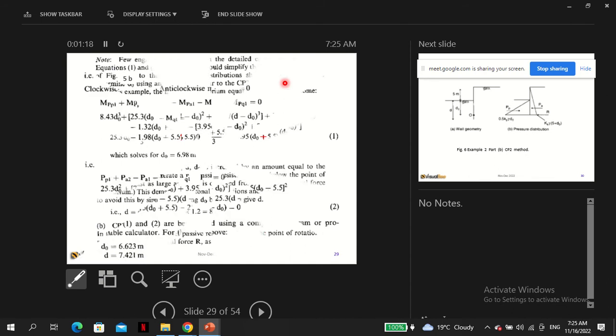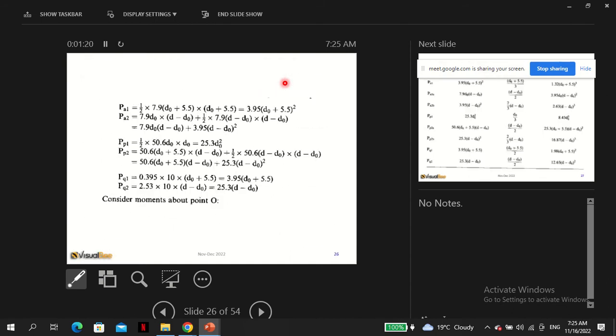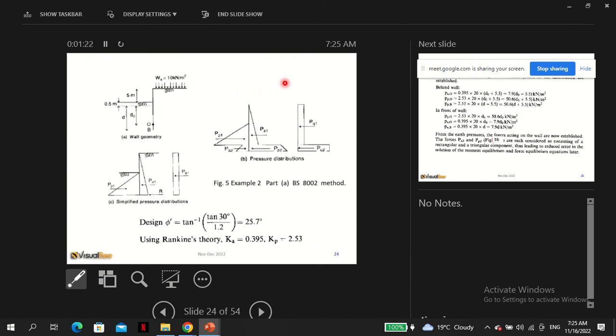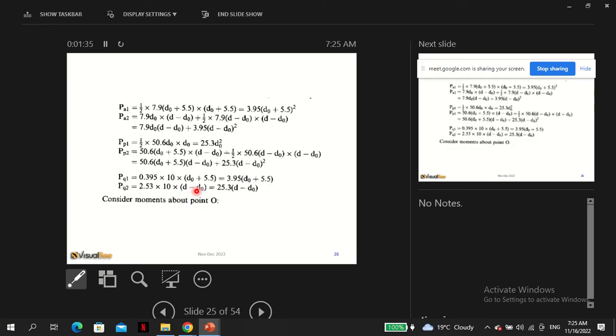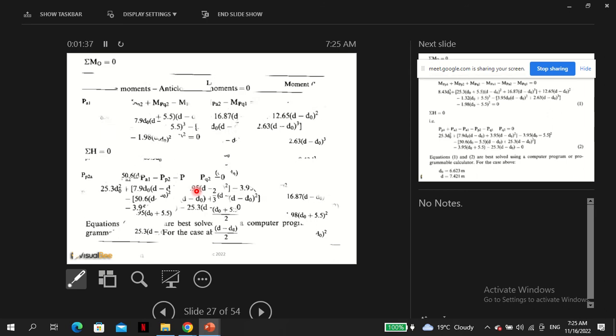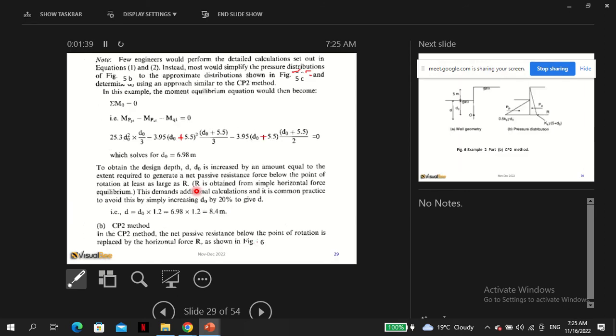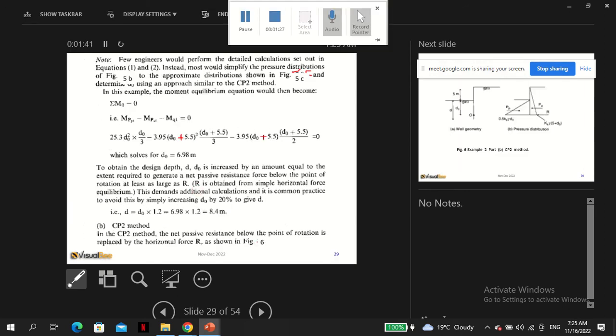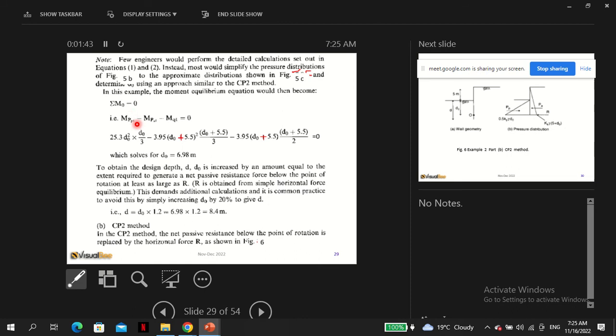The simplified version has only three equations: this is on the passive side, on the active side, and this is the contribution from the surcharge.